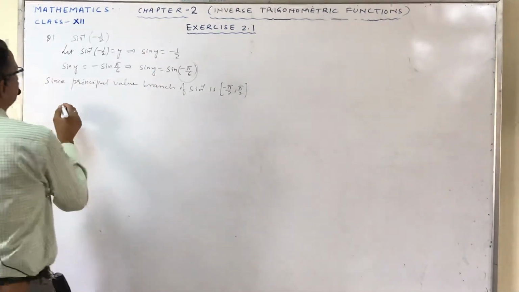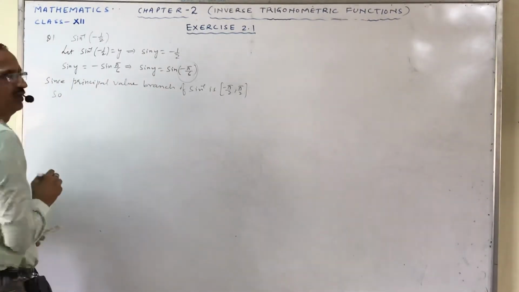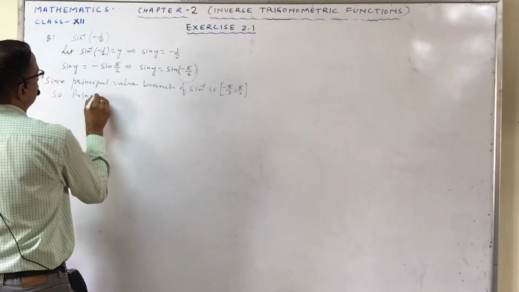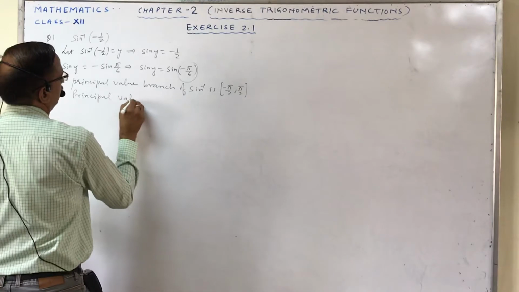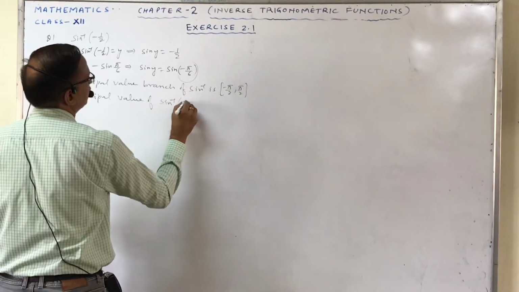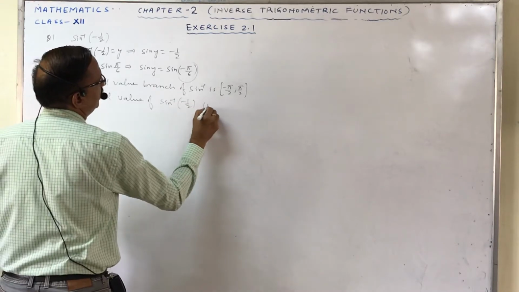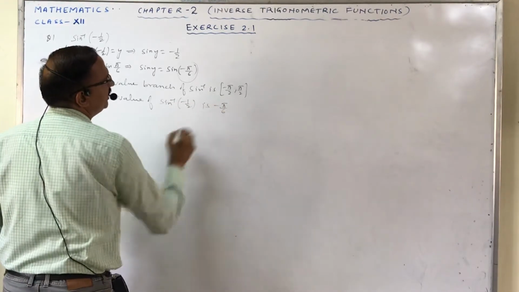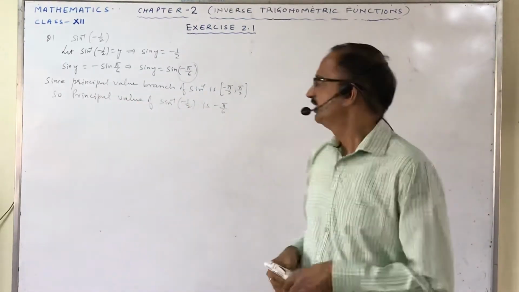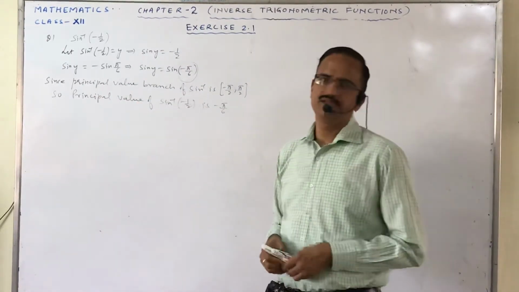So the principal value of the given function sine inverse minus 1 by 2 is minus pi by 6. So children, this is the principal value of the given function.